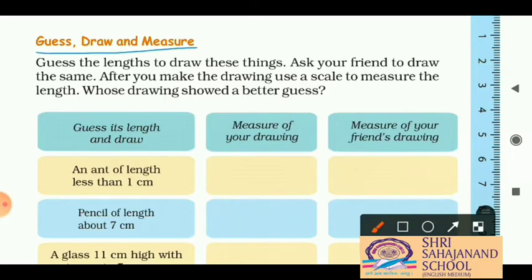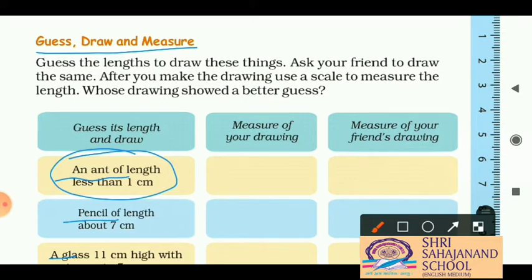It's an activity, and in this activity we have to guess the length of some things. What are those things? Ants, pencil, glass and many other objects, and by guessing we have to draw their lengths. For example, here we have an ant of length less than 1 centimeter.